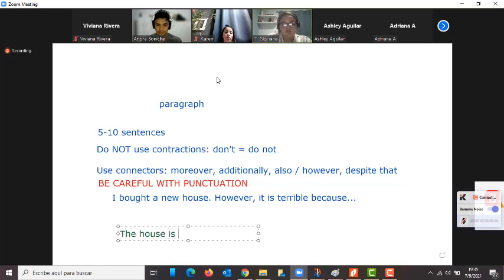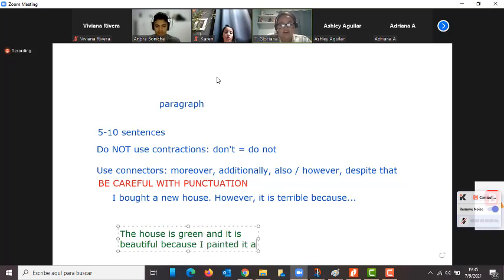The house is green and it is beautiful because I painted it and I like it a lot. And sometimes maybe you include a comma here. It is the best and my brother likes it.